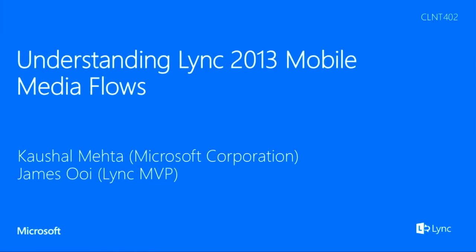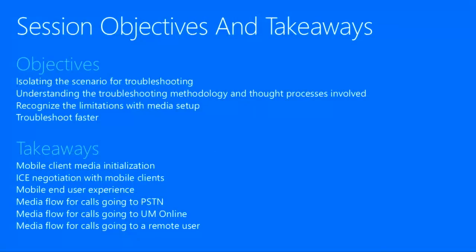Thanks, James. The main objective of the session is to understand the scenarios with mobile users and troubleshoot them faster, and also the troubleshooting methodology we can use. With mobile scenarios, the user can come up with different symptoms or explain the scenario in a different way, but asking the right questions can help understand and troubleshoot the issue faster.